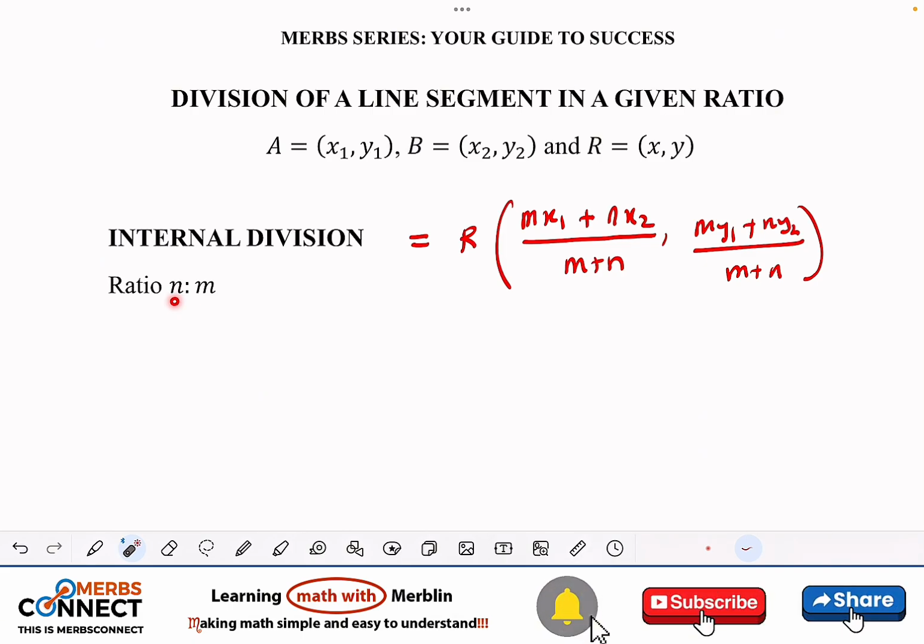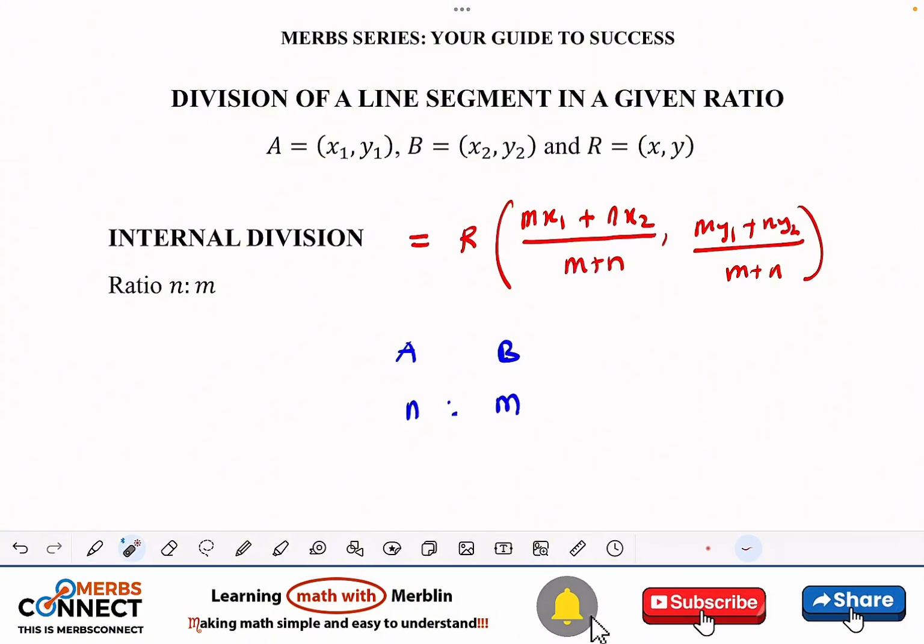Now look at where your n is. If they've given the coordinate, what you need to know is how the coordinate is given. It is a, b, and then the ratio is n is to m. So what is happening?